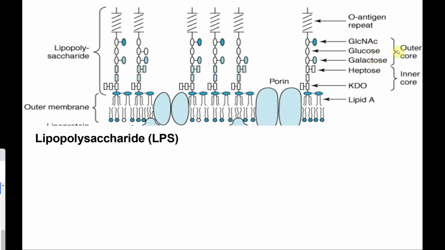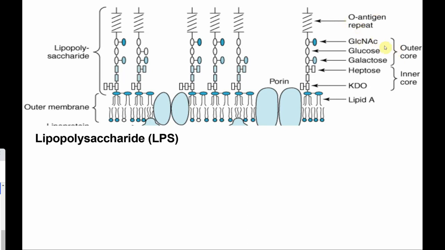And the outer core, generally it's identical for different strains of the same species of bacteria. But there are some cases where the outer core, you can have 2, 3, 4, 5 different variants within a single species. And then finally, you've got these O antigen repeats.